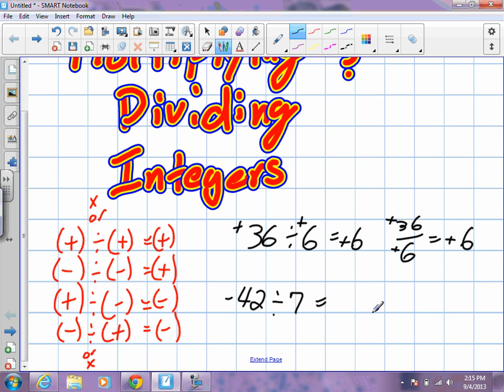I have a negative and a positive, which means my answer is going to be what? That's right, our answer is going to be a negative value. Now that we have our negative sign, we can look at specifically the values of the numbers. What is 42 divided by 7? That's right, 6. So our answer is negative 6 in this case. It could have also been read as negative 42 divided by 7 equals negative 6.